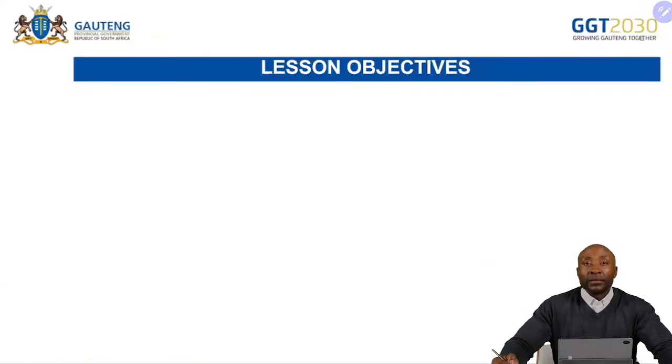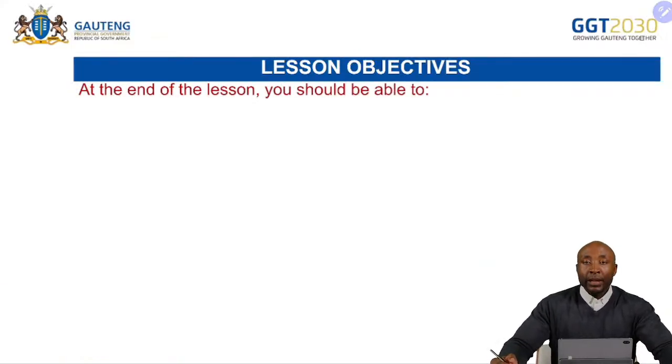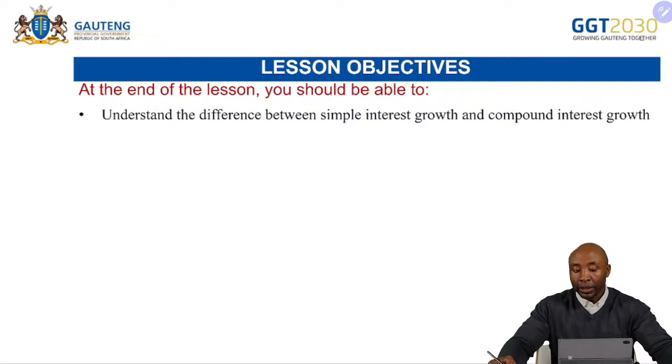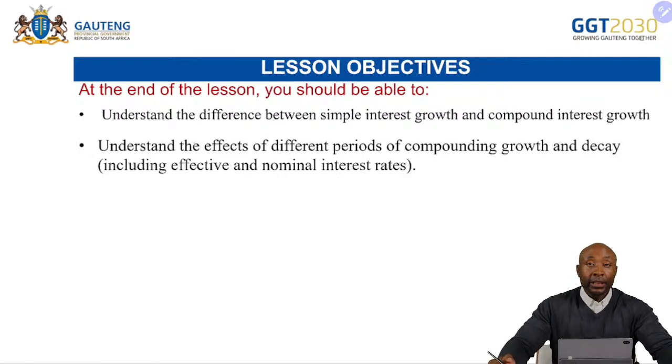Our lesson objectives for today: at the end of the lesson, you should be able to understand the difference between simple interest growth and compound interest growth. You should understand the effects of the different periods of compounding growth and decay, and this will include our effective interest rate and nominal interest rate.